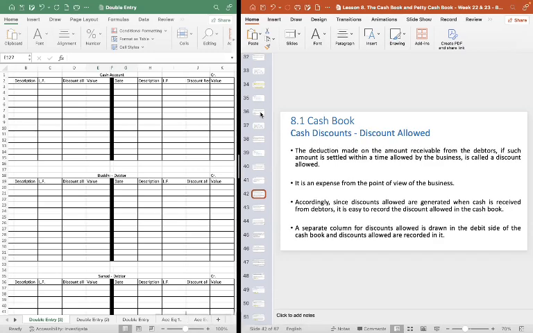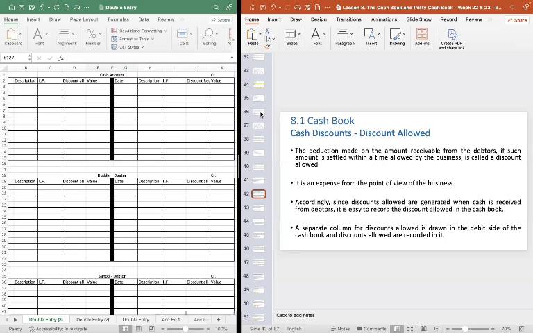And then the argument was where to record these discounts. When it comes to discounts, we record them in a separate column in the cash book. But what is important is that this separate column that we write for discounts allowed and discounts received is just a memorandum column.